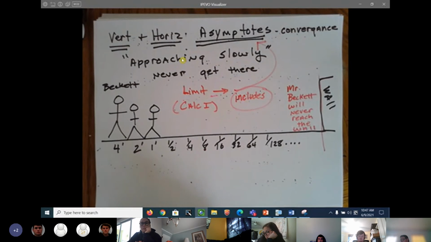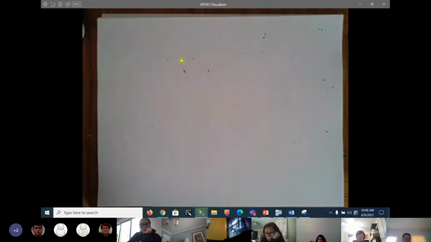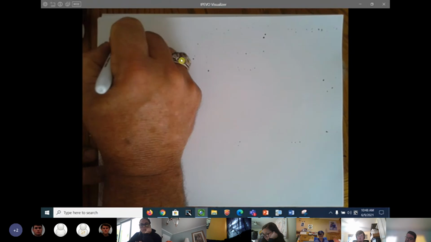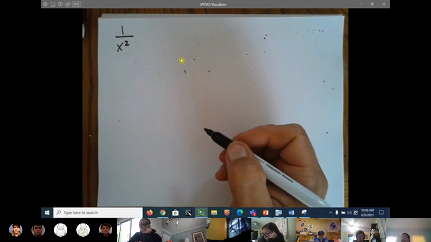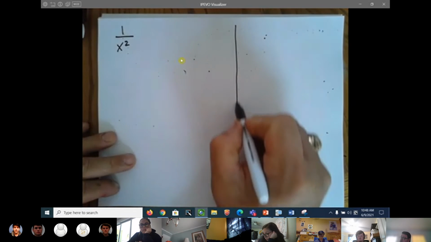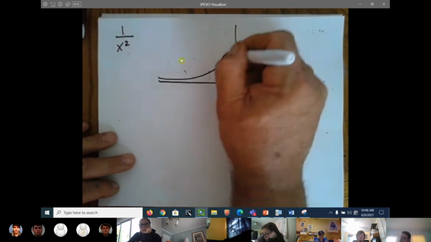All right. So, a vertical asymptote looks like this. I'm going to use 1/x² as an example. There's your function. Now, your family of graphs tells you that 1/x² looks like the volcano.